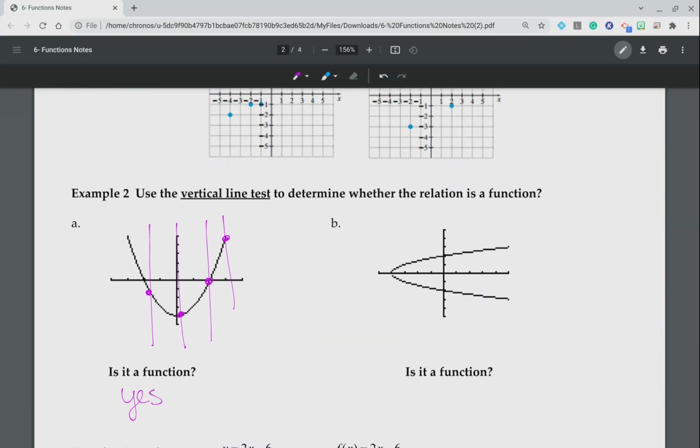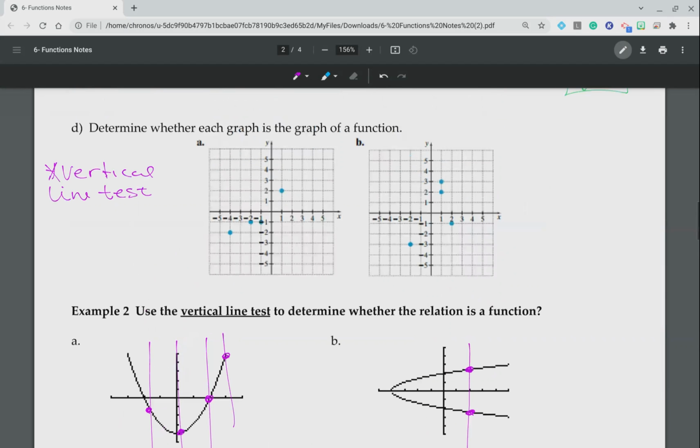Now, if I draw a vertical line on a graph and it hits my function in 2 different places, is this a function? No, it is not. So if I come back up here and draw a vertical line at any of these points, it only hits 1 point. So this one is a function.